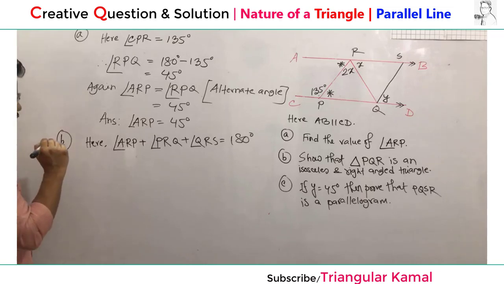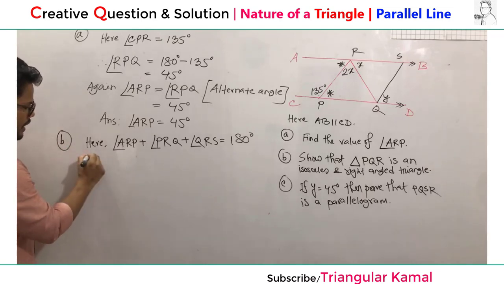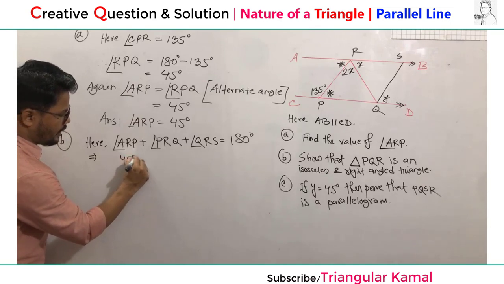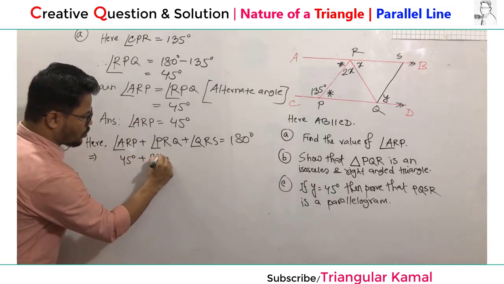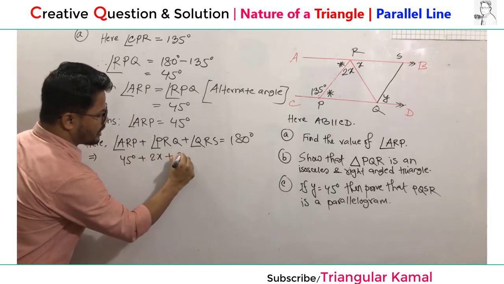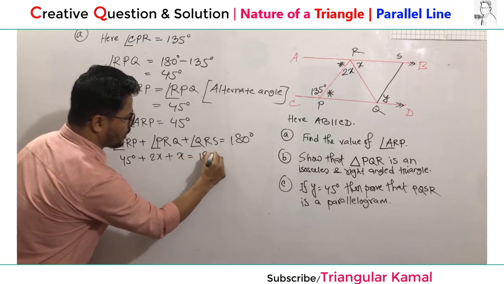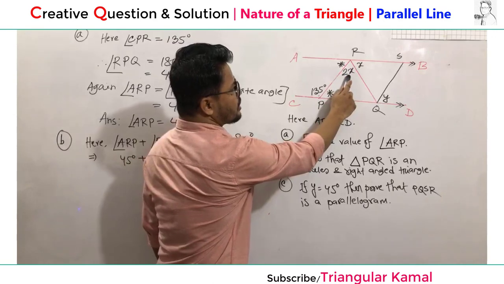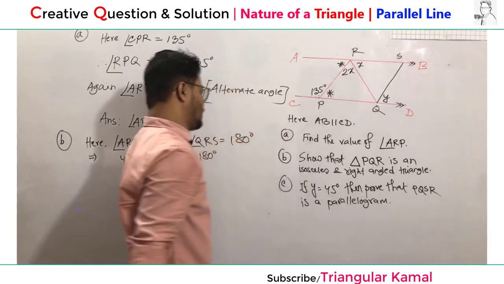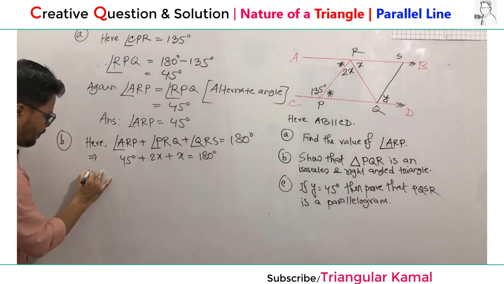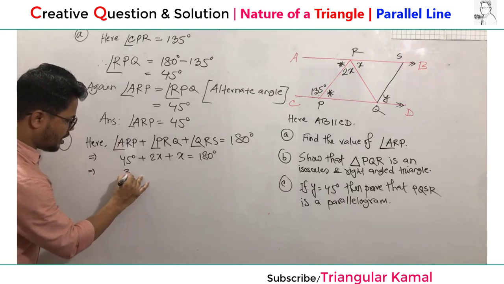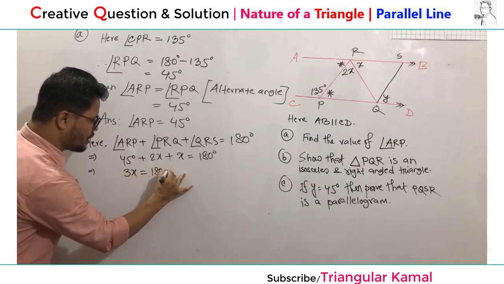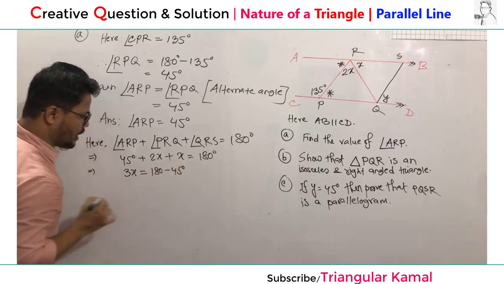So now we can place their values. This angle is 45 degree from answer A. This angle is 2 times x. This one is given here, x. Total 180 degree. This one is 45 degree. This value is 2 times x. This value is x. Now we can write here 3 times x equal 180 minus 45 degree angle.